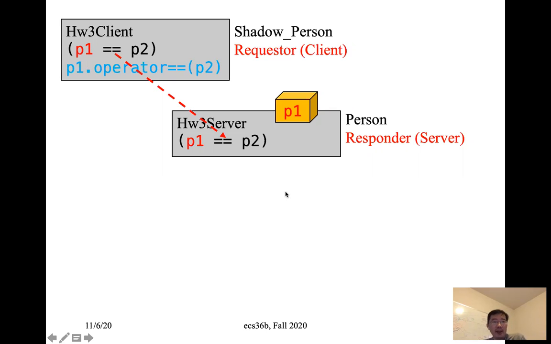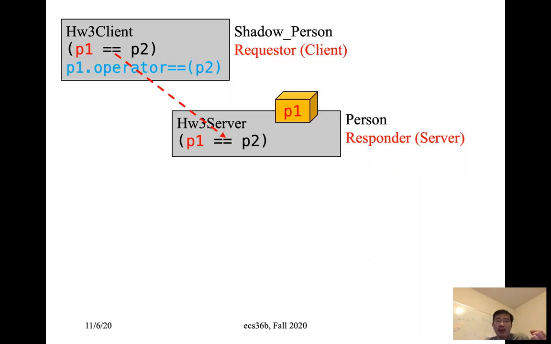Therefore, in this example, you can see that the request gets delegated by RPC to the HW3 server, where P1 is really located. So in this function call relationship, the HW3 client is the requester, therefore it's a client. And the HW3 server, where P1 is located, is the responder, so it's a server. In this pair of relationships, it's very clear who is the client and who is the server.